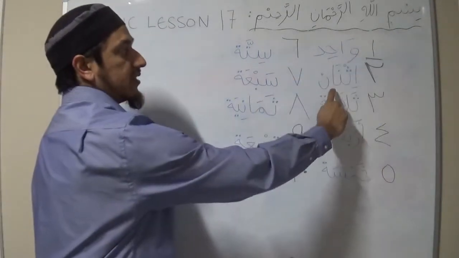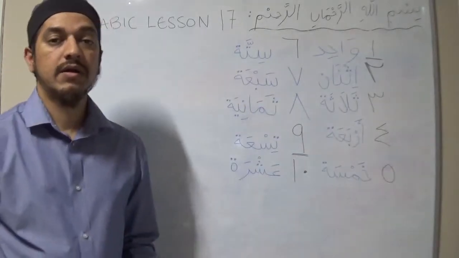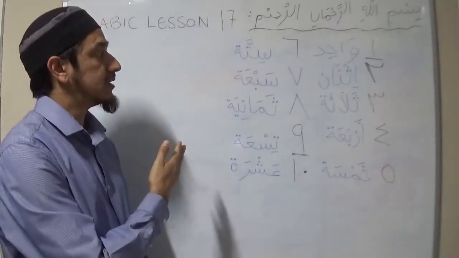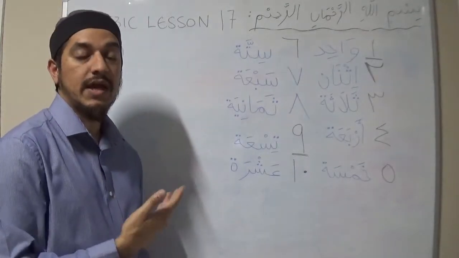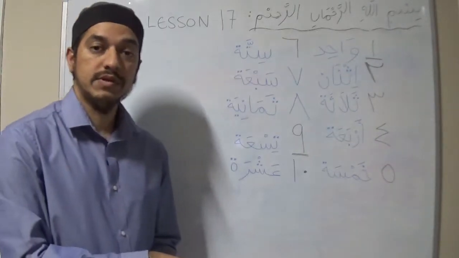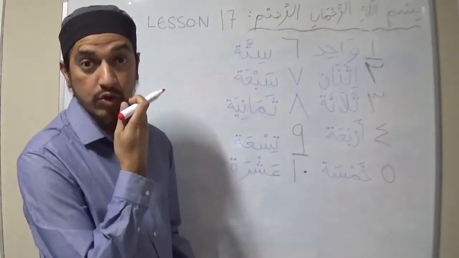واحد 1, اثنان 2, ثلاثة 3, 4, 5, 6, 7, 8, 9, and 10. The main thing with numbers, which we will see, is that the last part will normally change.